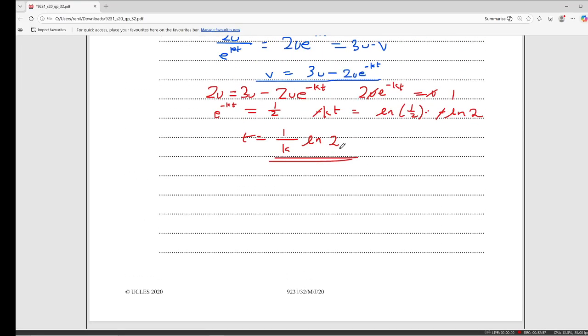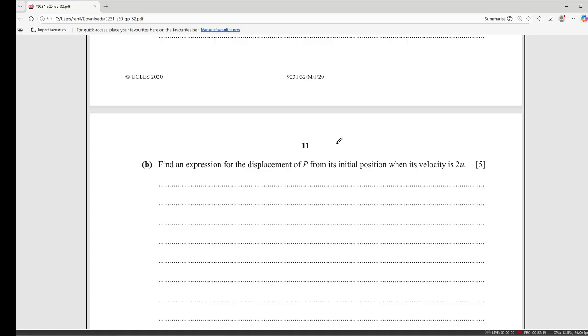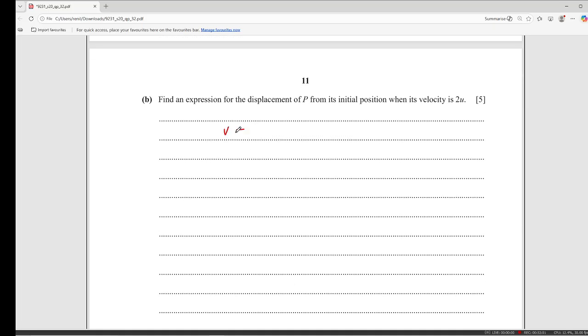Okay, fine. Yeah, I think that can happen. So let's write down the velocity equation first. 3u minus 2u e to the power of negative kt. Now let's integrate this with respect to t.